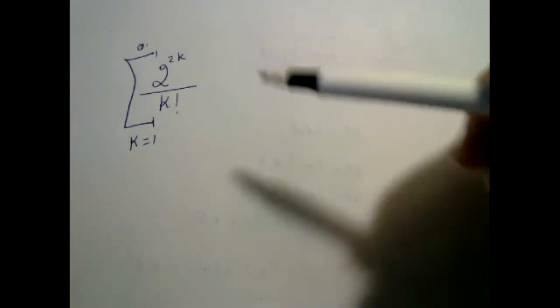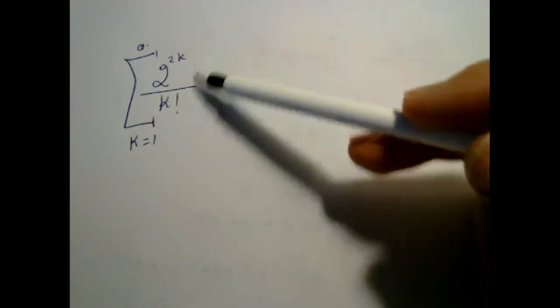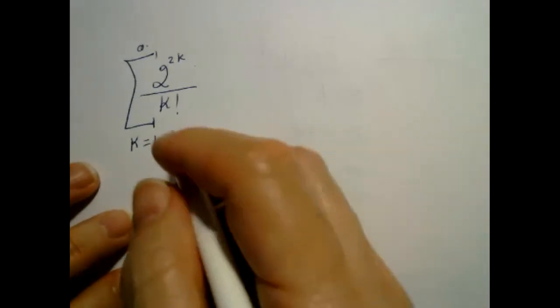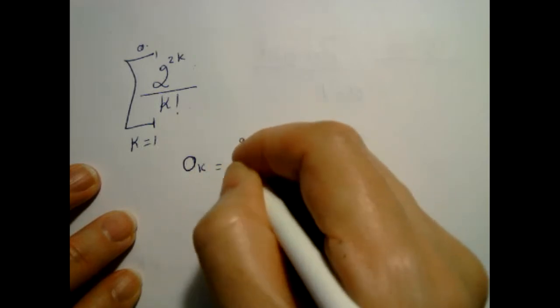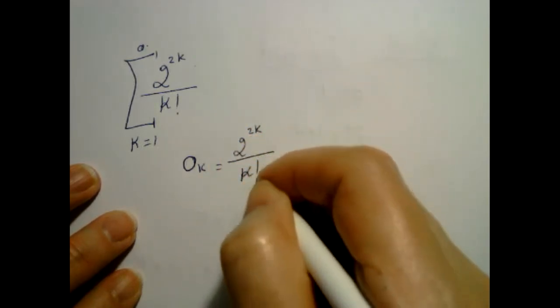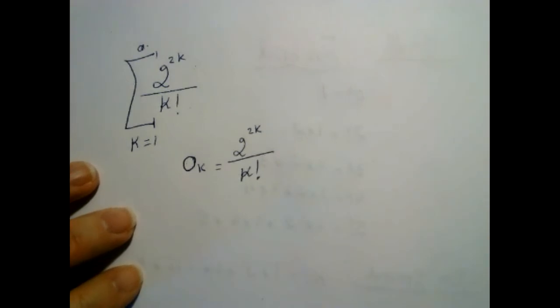And the question is, use the ratio test, because none of the other tests can be applicable in this case. Use the ratio test to decide whether the series converges or diverges. All right, so the ratio test. We're going to take a_k, in this case, which is 2 to the power 2k over k factorial.